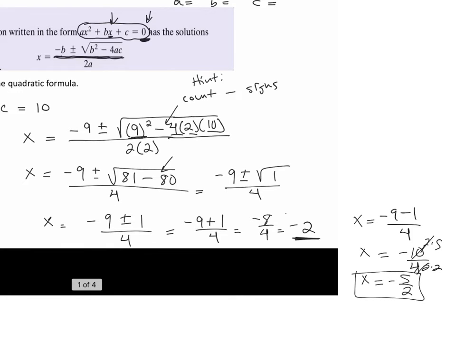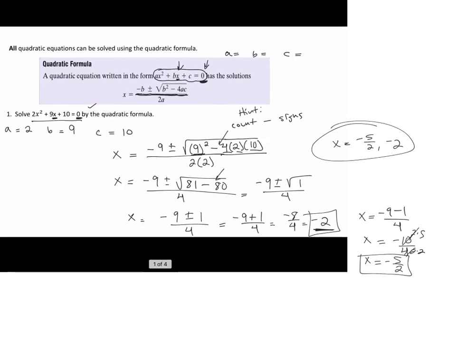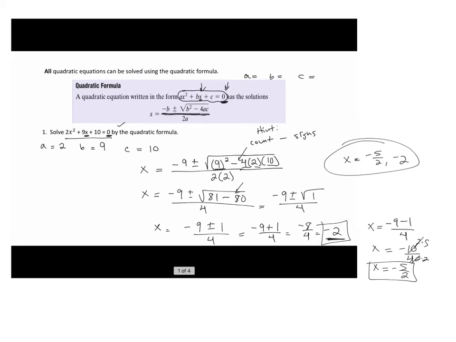So we have these two answers to this equation, negative 5 halves and negative 2. And that's exactly what we found from the factoring method. So that verifies that this quadratic formula gets us the same answers that we would if we were able to factor. But we're not always able to factor, so another example here, 2x squared minus 6x equals 1.